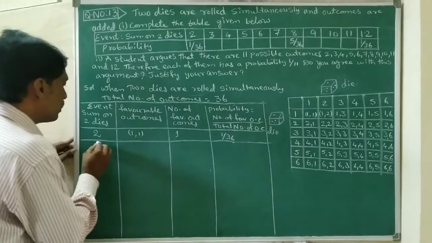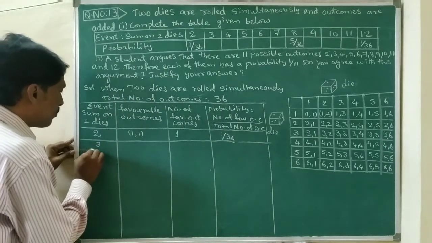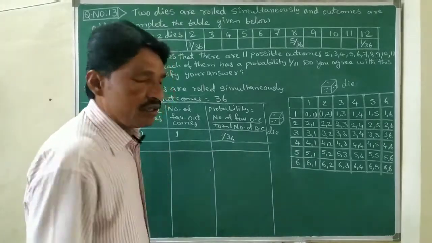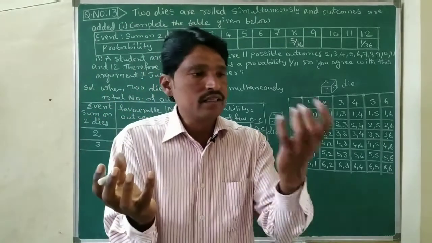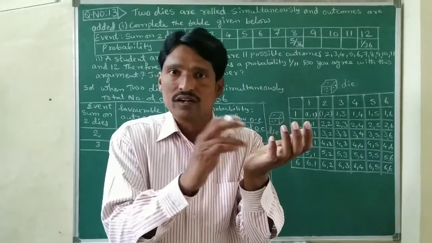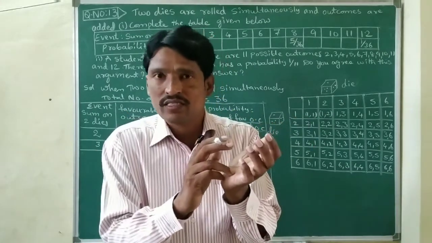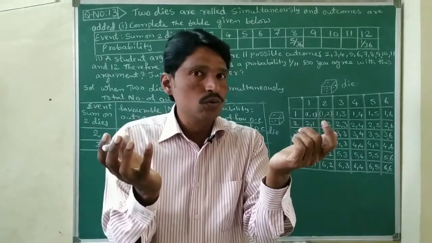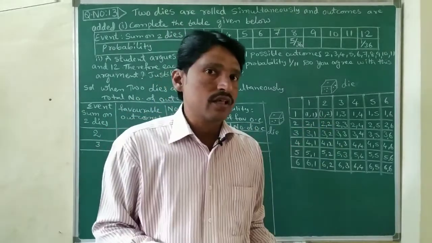Next, 3. Sum on two dice will be 3. For example, this is the first die, this is the second die. Here we are getting 2, here we are getting 1. 2 plus 1 is 3. Now here it is 1, here it is 2. 1 plus 2 is also 3.